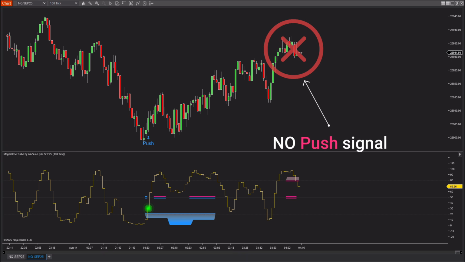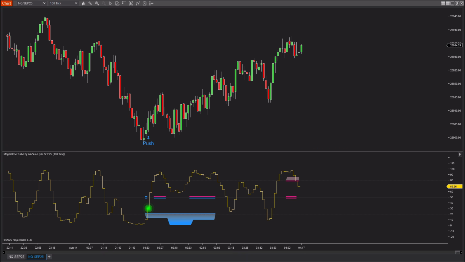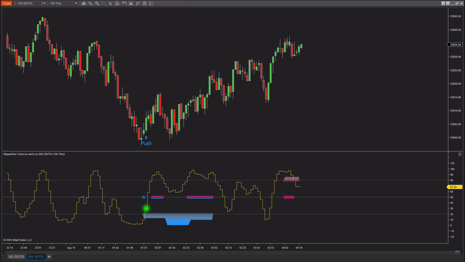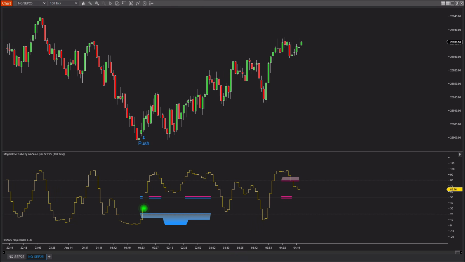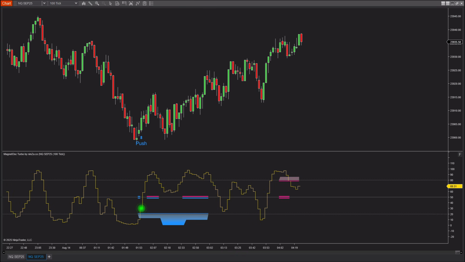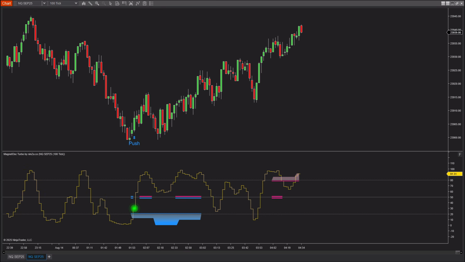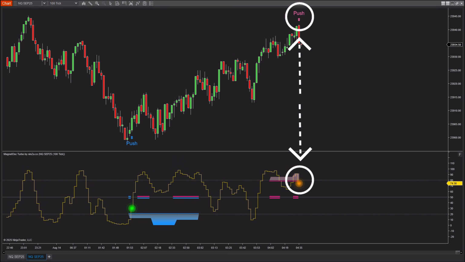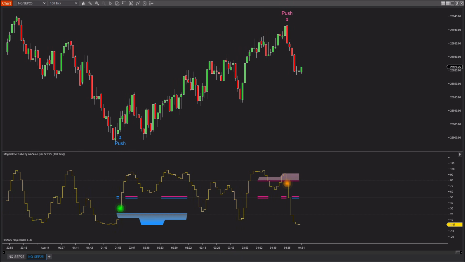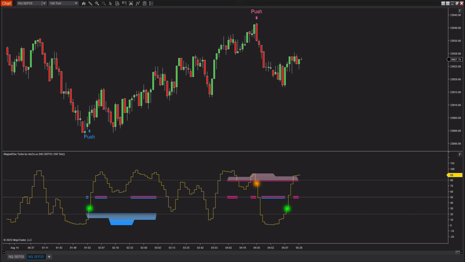It was only when momentum on both time frames once again moved into the overbought zone and the indicator detected a reliable candle that the push signal was officially formed. Thanks to this mechanism, the signals are not only based on market conditions, but also reinforced by price action confirmation, which helps filter out noise and increase accuracy in trading.